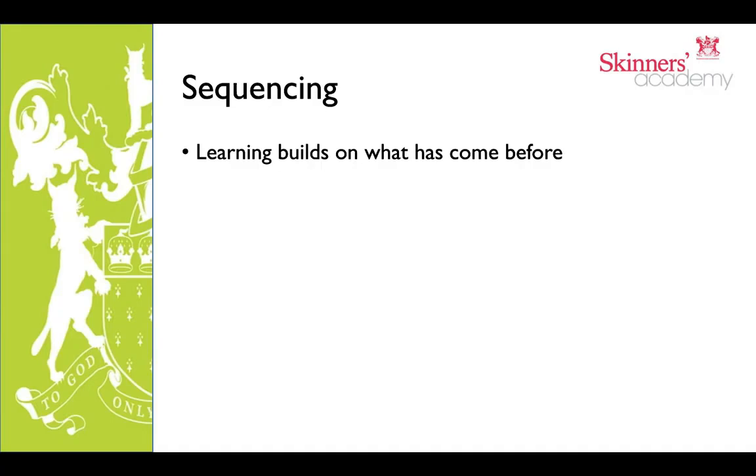So in the last session, I talked about schema, this idea that in our long-term memory, we have this nexus concept, which then gives birth to lots of other different ideas, and it helps to hook on to this initial concept. Now, when you have a really complex schema for a concept, then what happens is that learning is faster and easier. So when we sequence our curriculum, we are about making it easier to learn. That is the entire point.